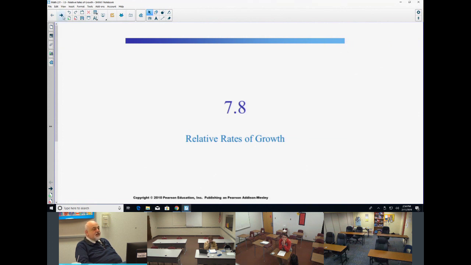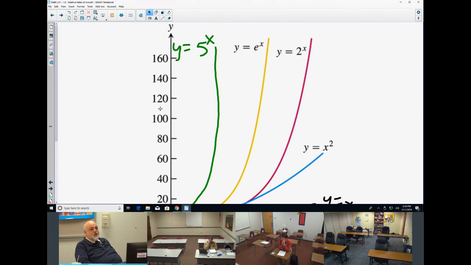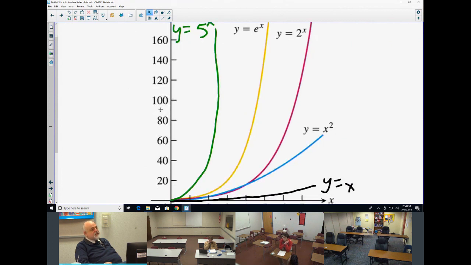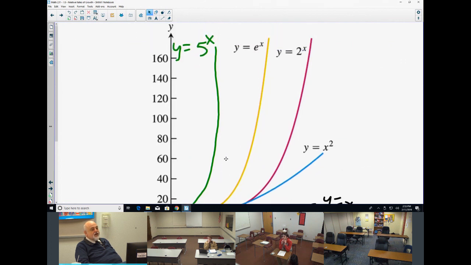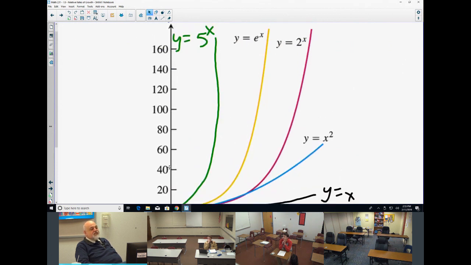Okay. So in this example on the board, all of these functions, y equals x squared, 2 to the x, e to the x, these all go to infinity. But as you can tell, 5 to the x shoots up quicker and steeper than, say, y equals x squared, or y equals x.